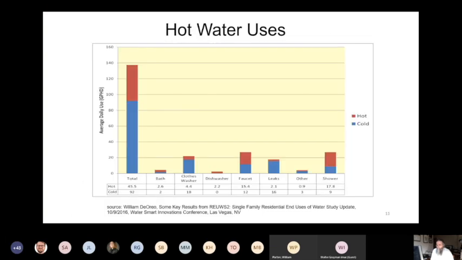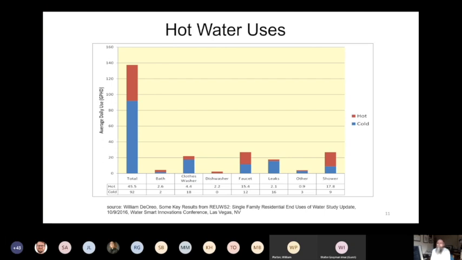This is from the Reuse 2 summary on the hot and cold water use, looking at the individual uses that use hot water. The whole house is mostly cold water, but about a third hot water maybe. The mixture varies by the type of use.